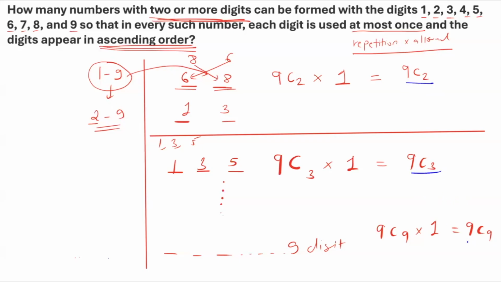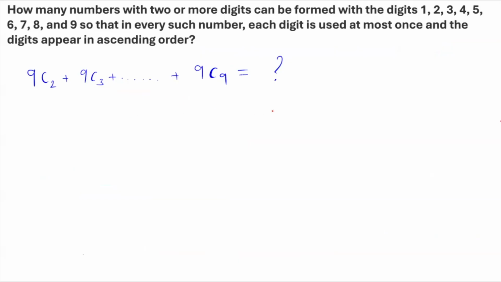Likewise, I could have a 9-digit number also. So total numbers possible would be 9C2 plus 9C3 plus 9C4 plus 9C5 up to 9C9. So my final task is to calculate this value 9C2 plus 9C3 plus 9C4 plus 9C5 up to 9C9.